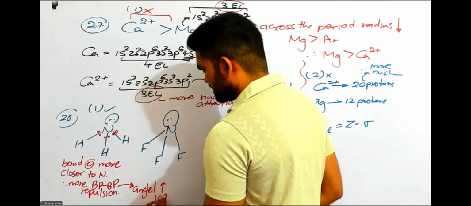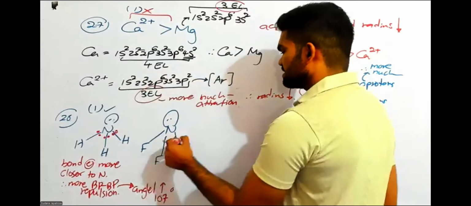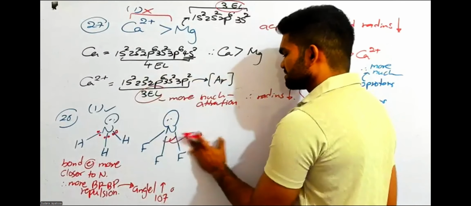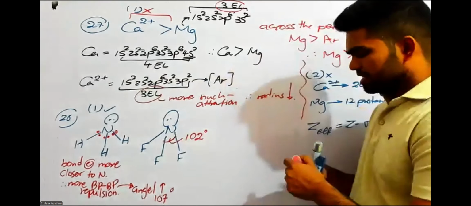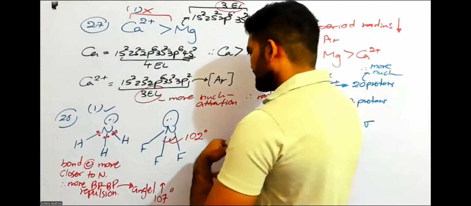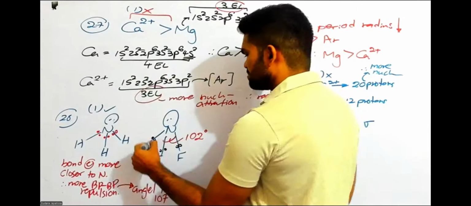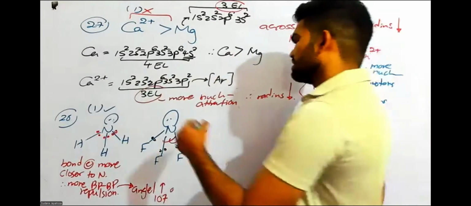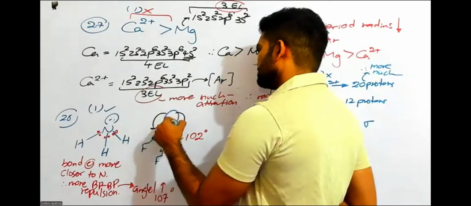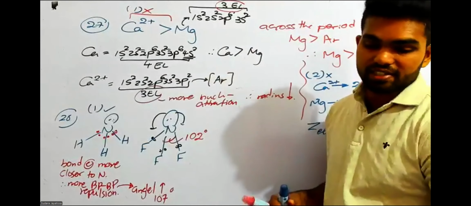It has a 107 degree angle. But NF3 has just a 102 degree angle. Why? Because the bond electron pairs are located away from the nitrogen, so their repulsion is not that high. The lone pair at the top can push them towards each other, so the bond angle decreases.